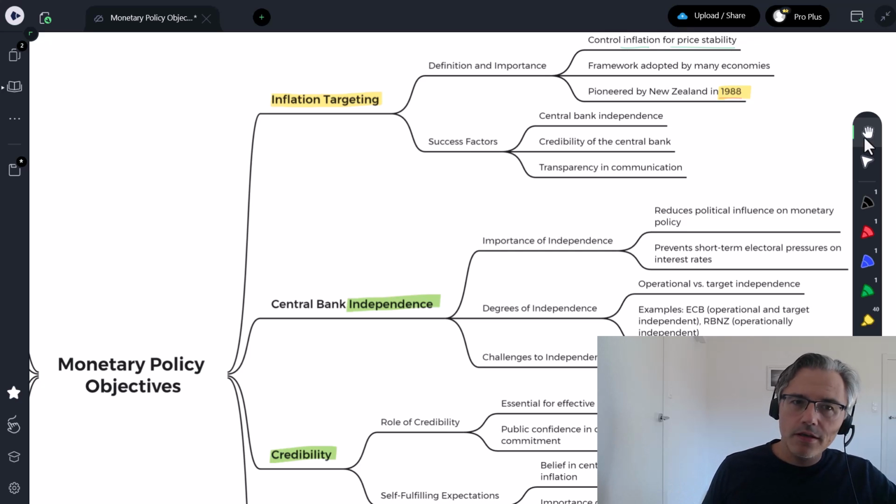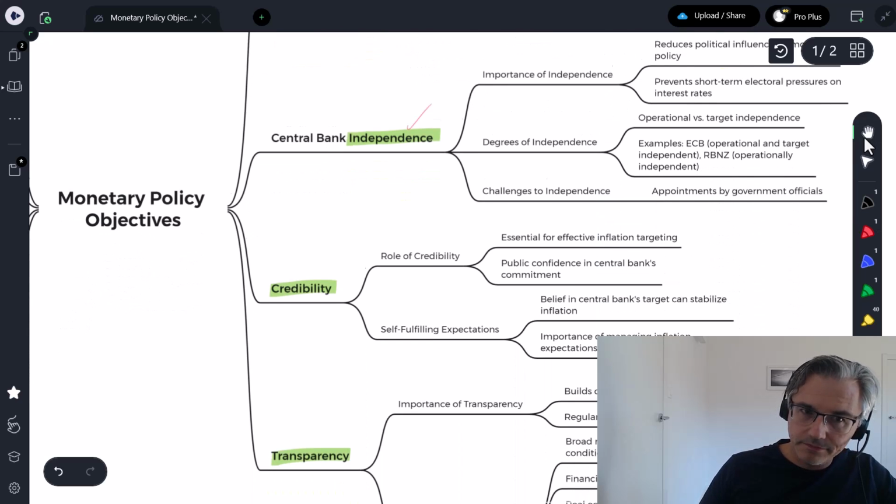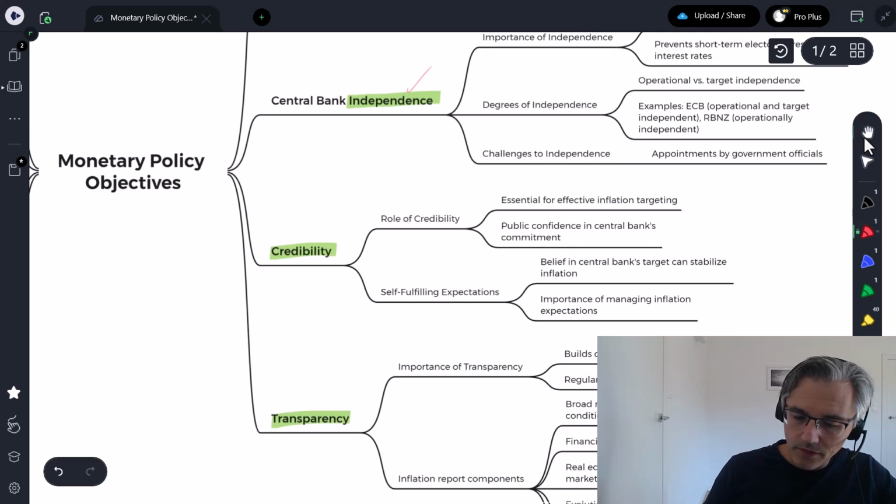There are three crucial elements that contribute to the success of a policy based around inflation targeting: central bank independence, the central bank's credibility, but also transparency.